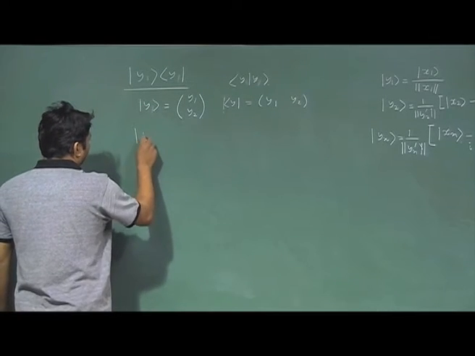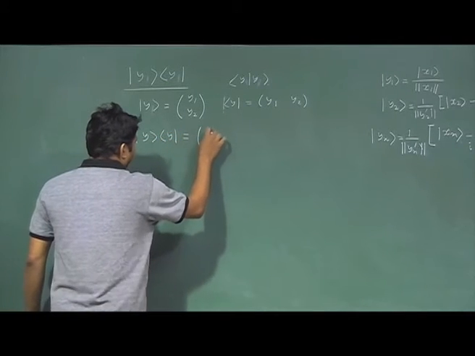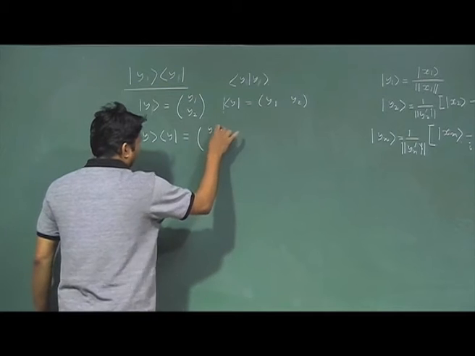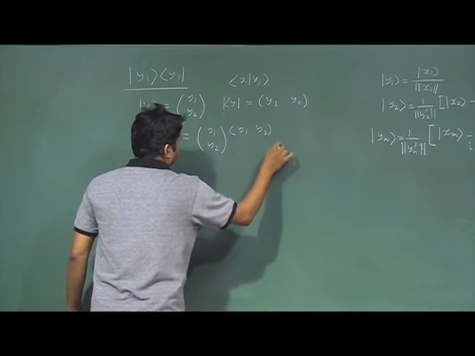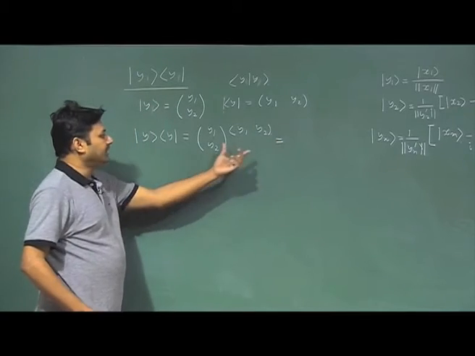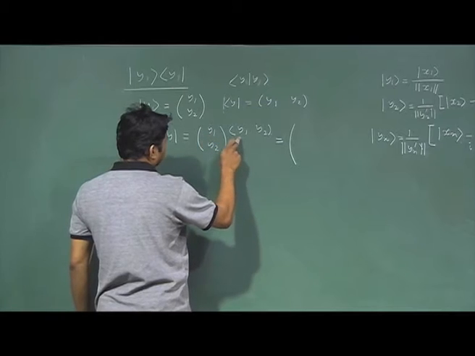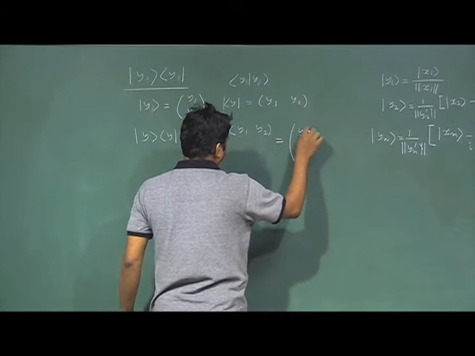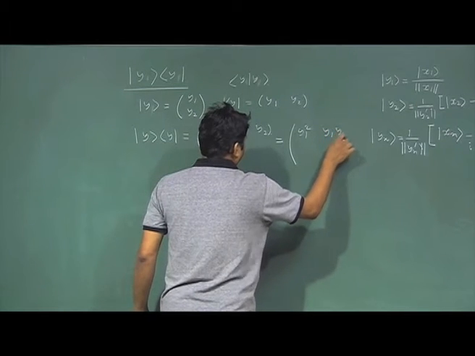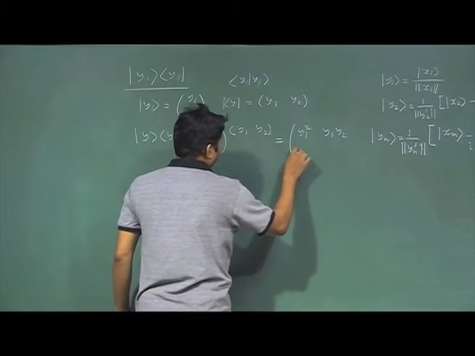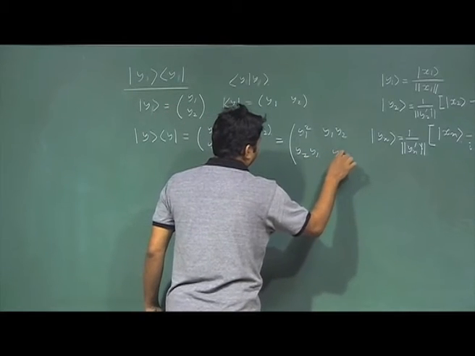Now this quantity, in the vector notation, this and this can form something like this. The operation gives y1 square, y1 y2, y2 y1 and y2 square.